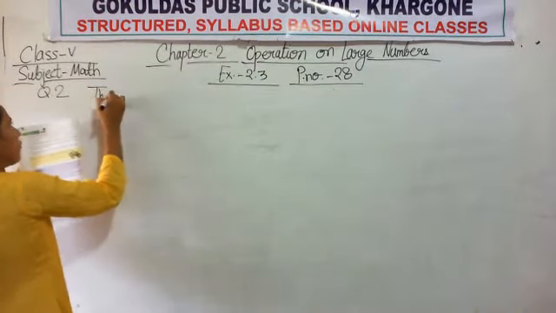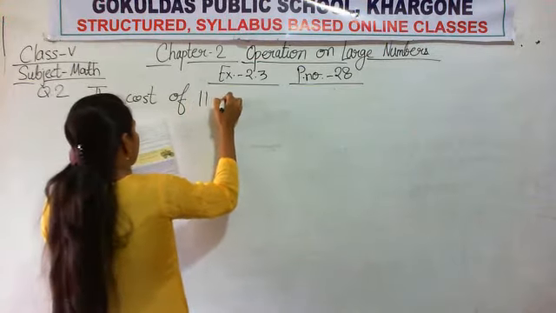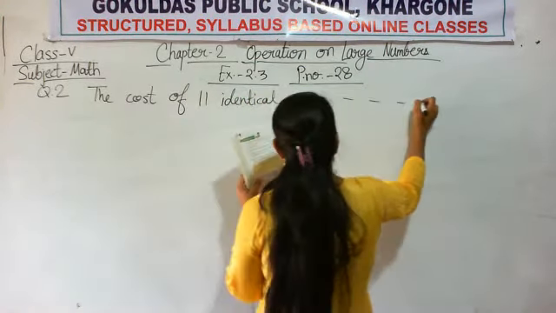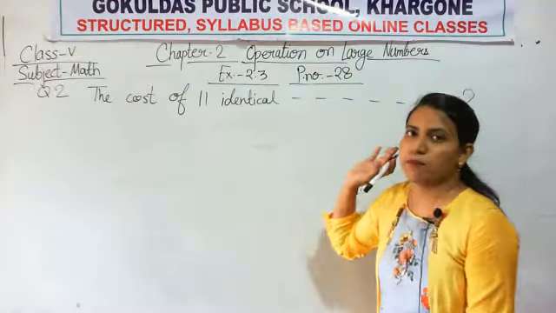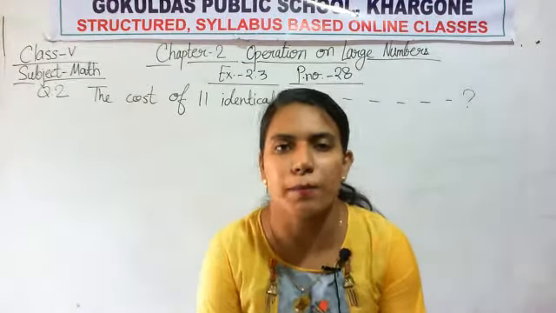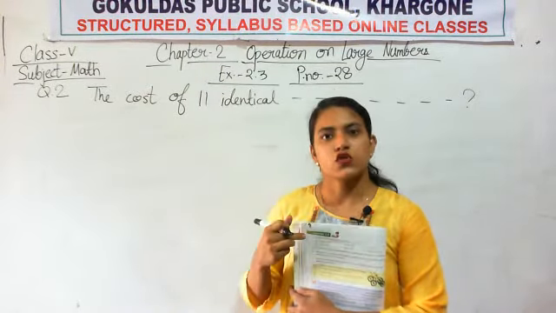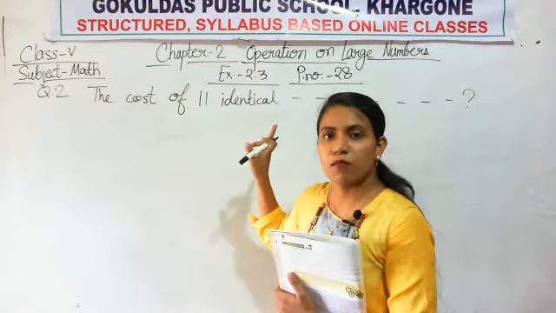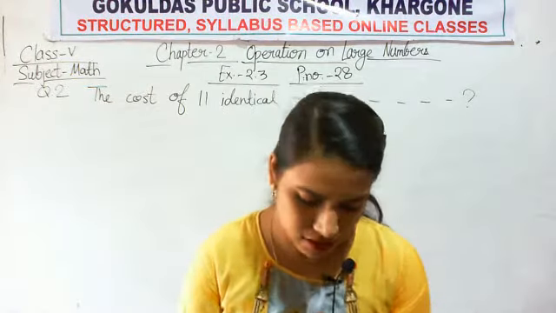The cost of 11 identical... Okay, one question is, I am putting a dash, but remember you have to copy down the question from the book. In the book the question is given there, so you have to copy down this question in your classwork copy from the book. I am putting a dash here, okay, but you have to write.